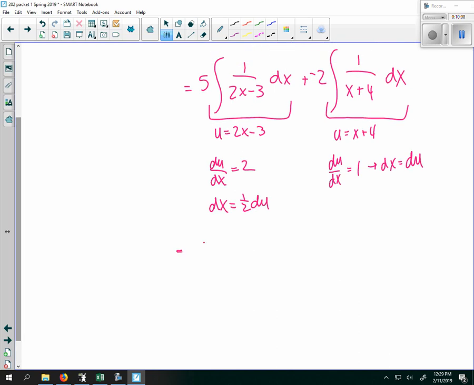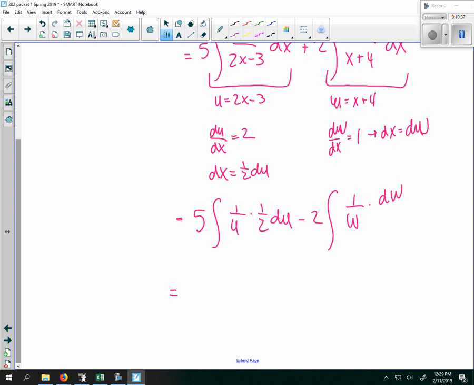So this becomes 5 times the integral of 1 over u times dx, which is 1/2 du, minus 2 times the integral of 1 over, maybe I'll use a different letter for this one since it's a different integral, 1 over w times dw. So this is 5/2 the integral of 1 over u du minus 2 times the integral of 1 over w dw.